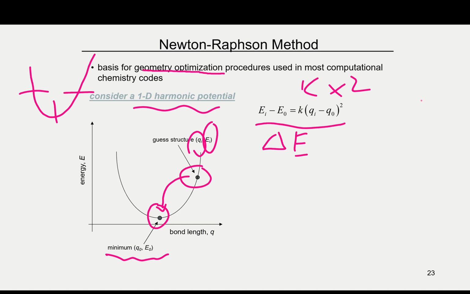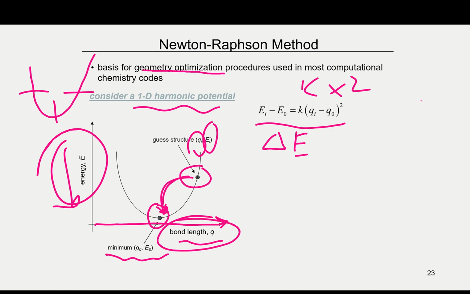So this is Q naught and E naught, and this is the bond length. It means there is only a need to change the bond length here, and it jumps to be optimized. You can see the energy lowers, comes down, and it optimizes, and only the bond length changes. So this is how this works.